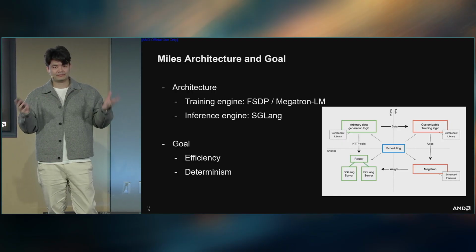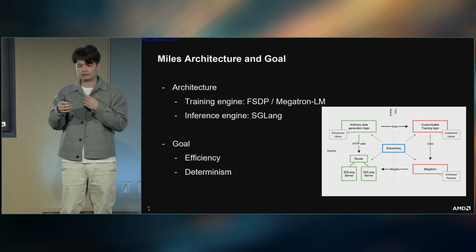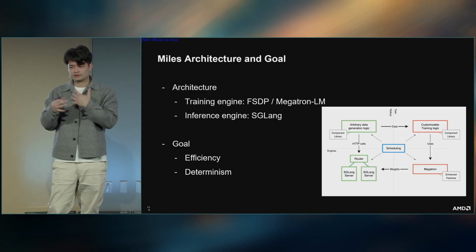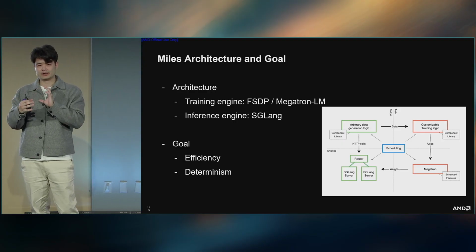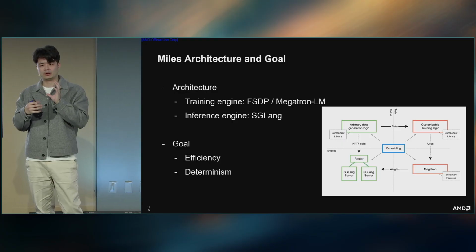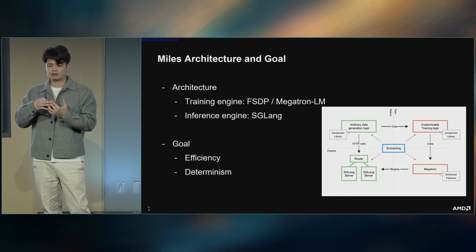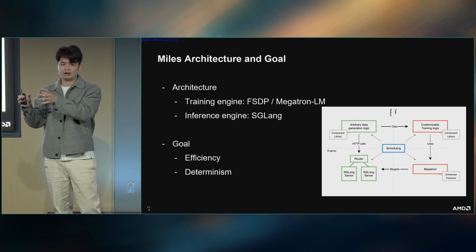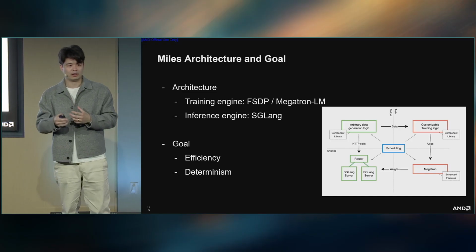After we have these, we still need a mechanism called weight sync, because once you update your weights on the training side, you need to sync the new weights to the rollout side, so that the current RL can use the latest model to do the exploring and the rollout.